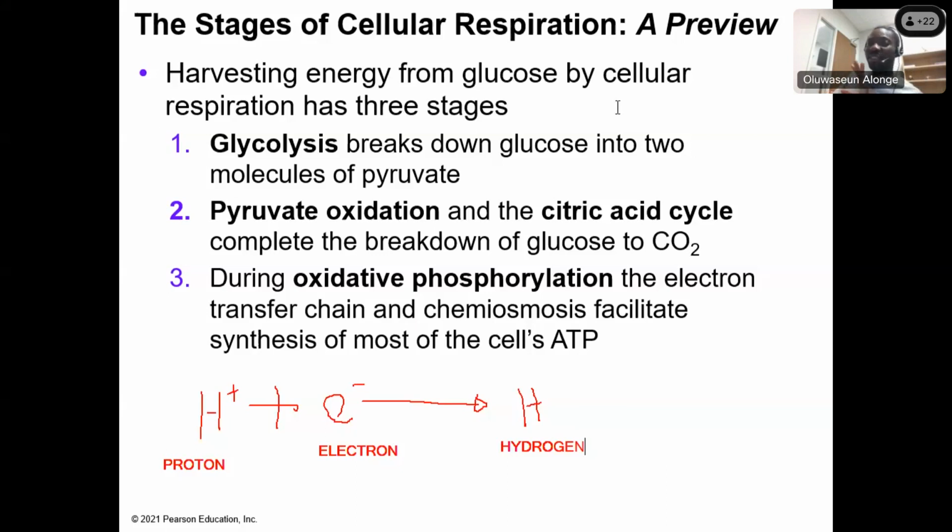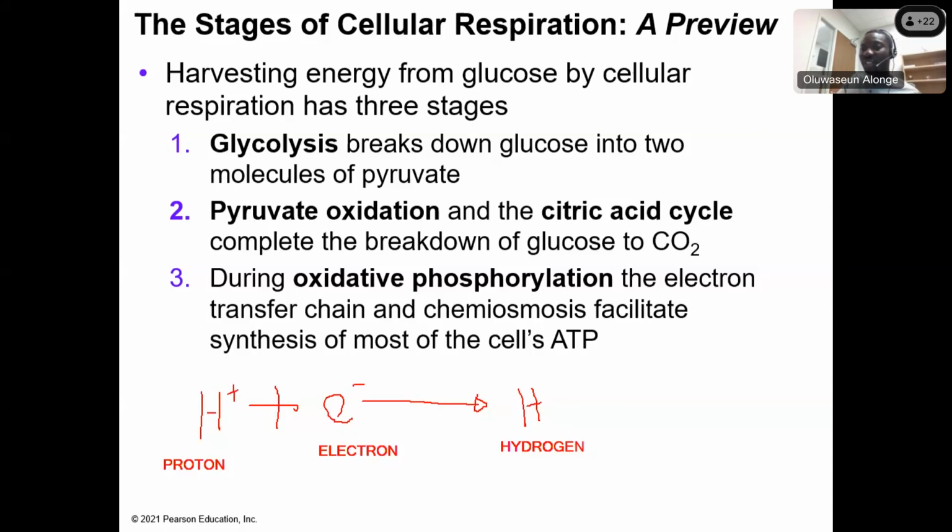Now, there are three major stages in cellular respiration. It's three major stages. If we want to put it in numbers, sometimes we say it is 4. But in the ideal sense, it's okay to think about it as 3.